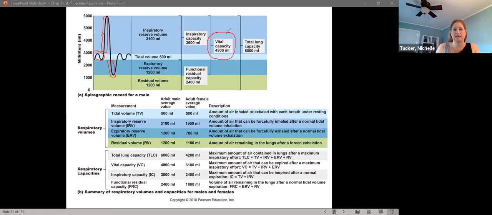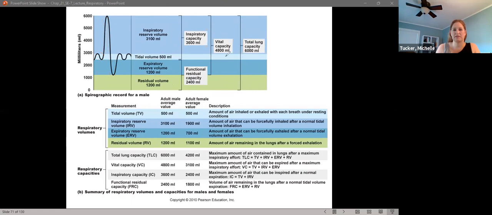If you add these three plus residual volume, you calculate total lung capacity. So be able to identify the parts of the curve as well as determine what each of the volumes are. Again, you can't determine residual volume from the graph, but you should be able to calculate vital capacity and total lung capacity.